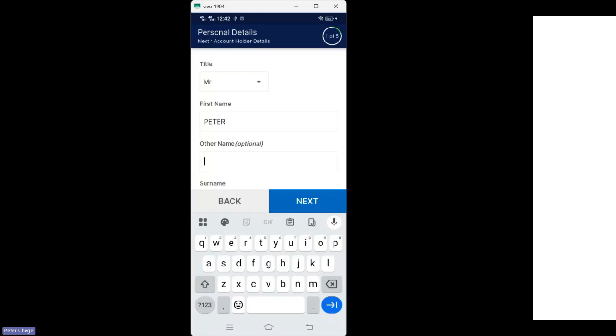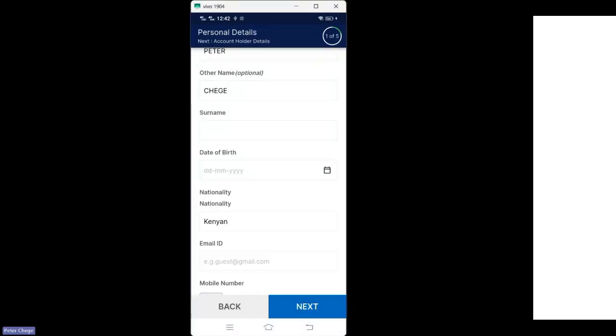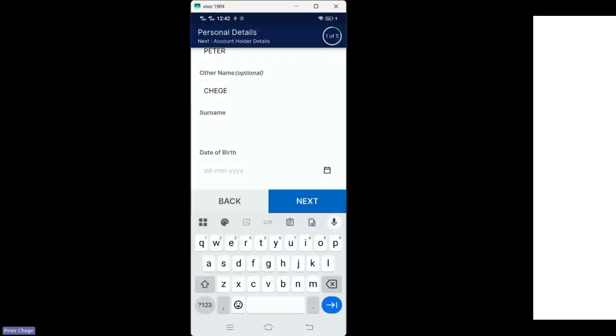There are people who have more than two names, let's say Peter Chege Mogo, or Peter Chege Minor Mogo. So Chege and Minor should go in other name. Like me, I have only three names, so I'll put my second name. Then below that, we have surname, as it is in your ID. Remember these details we are validating with IPRS.